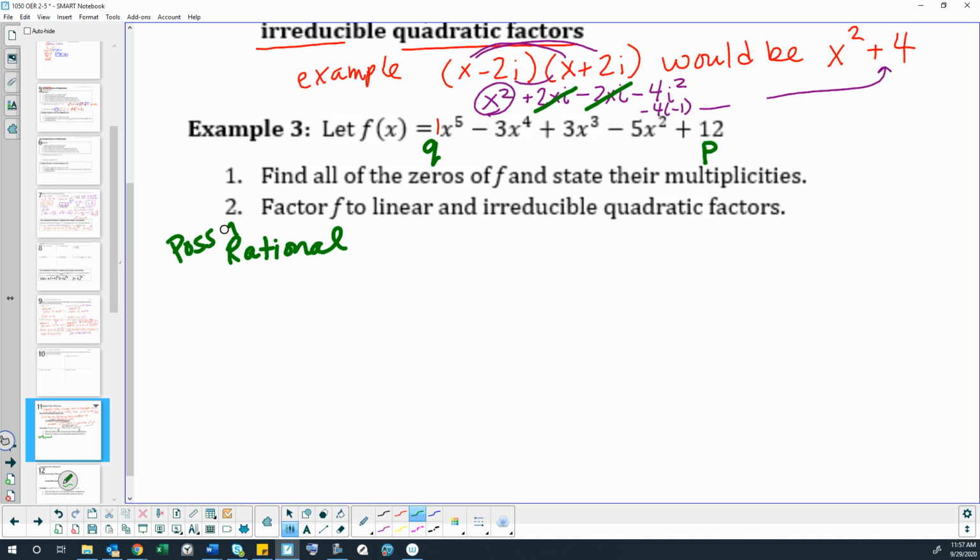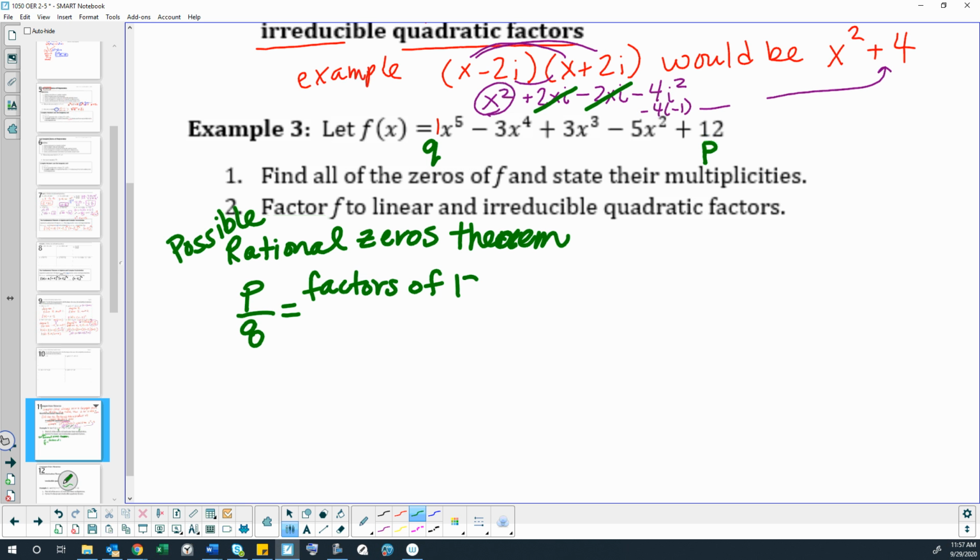I started writing possible and then potential and turned it into a combination. I cannot spell today. Okay, so P over Q. And P is the factors of 12, all possible factors of 12 over all possible factors of 1.